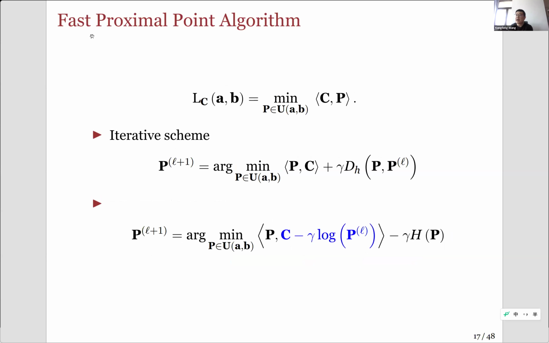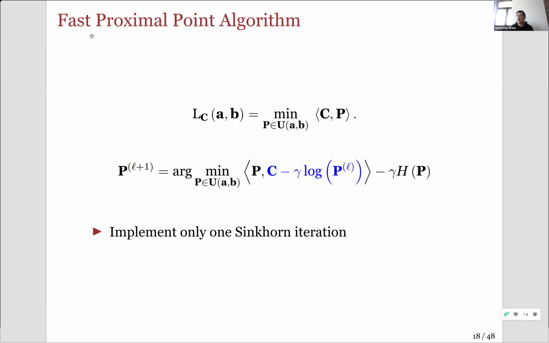Now, solving this regularized subproblem exactly at each step might still involve many Sinkhorn iterations. We can employ the Sinkhorn algorithm to solve this subproblem. And the key idea is the inexact proximal point method for optimal transport. We can implement only one single iteration to solve this subproblem inexactly.